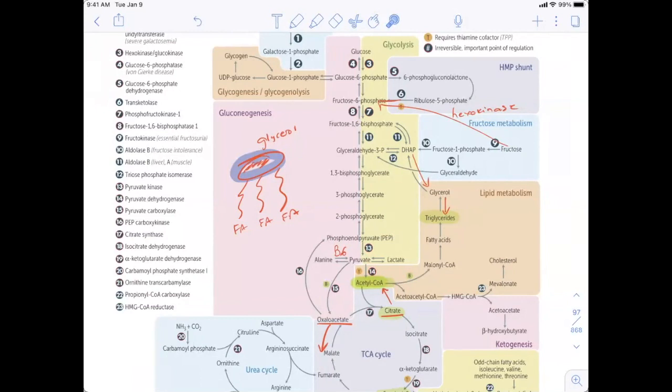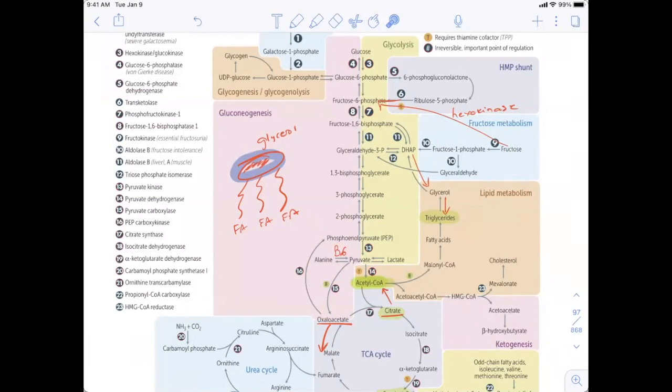So the only way we can reverse this to actually go back to gluconeogenesis is to let that pyruvate change to oxaloacetate, not acetyl-CoA, not lactate, but oxaloacetate, and then oxaloacetate can shunt back to PEP. So we don't just turn around, we make some kind of U-turn to kick off gluconeogenesis. Key point: pyruvate has to go to oxaloacetate, and oxaloacetate can now take you back to PEP.